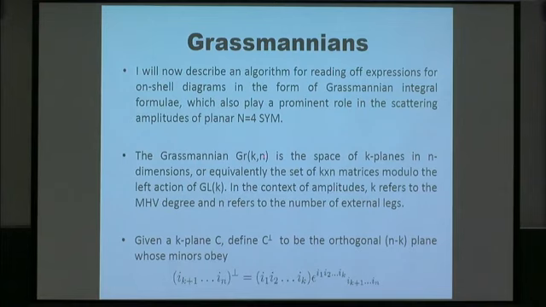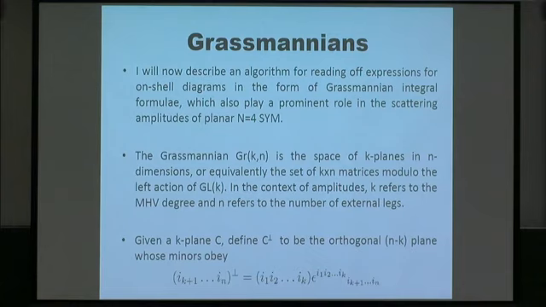number of external legs. And then given a k-plane C, it's also very convenient to define an orthogonal n minus k-plane C perp. More explicitly, you think of C as a k by n matrix, and then you have this matrix C perp that's an n by n minus k matrix, and they satisfy the condition that when you multiply them together, it vanishes.